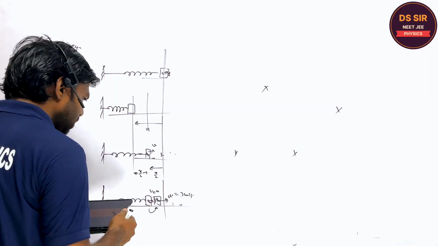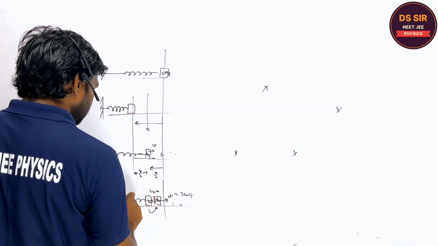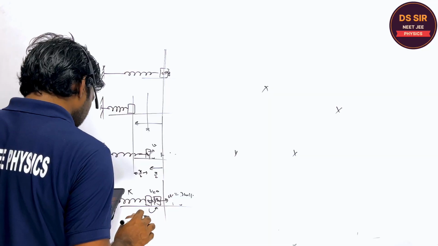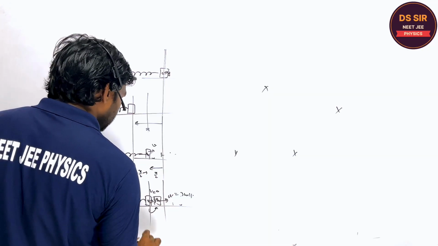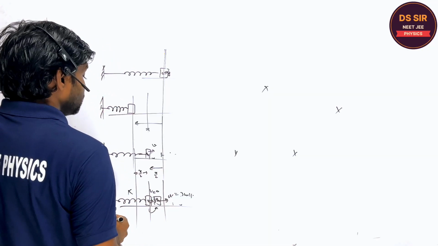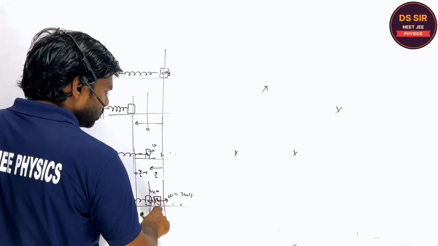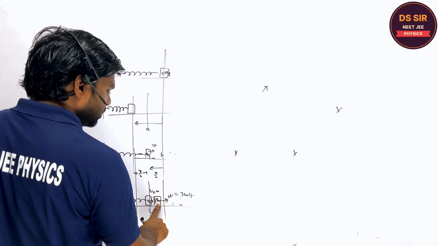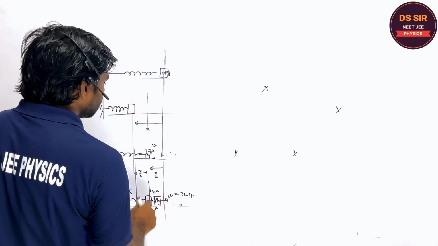A block is connected to a spring of unknown spring constant K. So the total initial energy of the block they are asking. The mass of the block will be 0.1, so its kinetic energy will be half mv square.